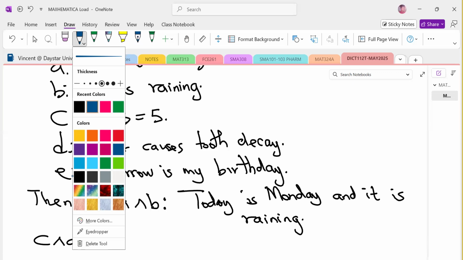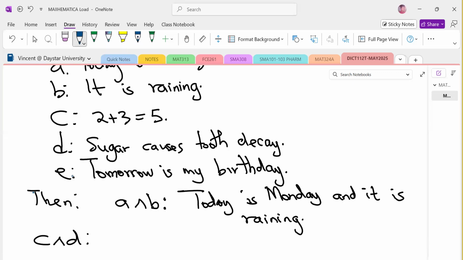This will mean: Correct. 2 plus 3 equals 5, and sugar causes tooth decay.